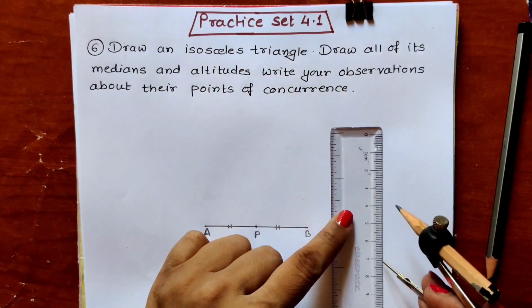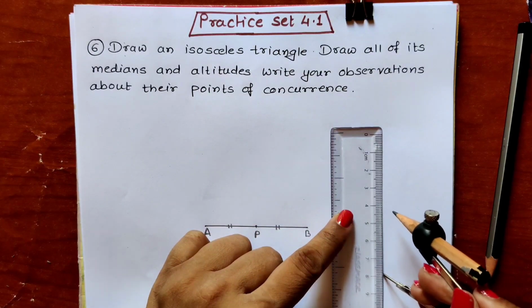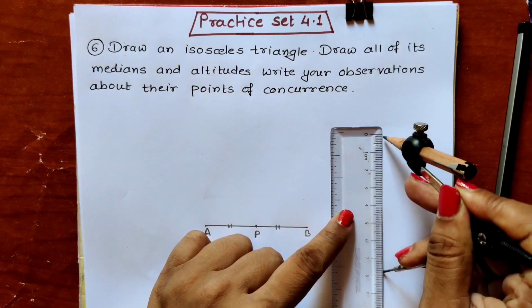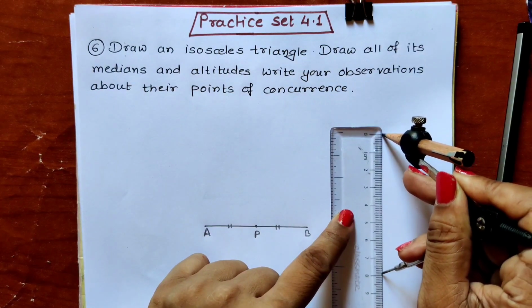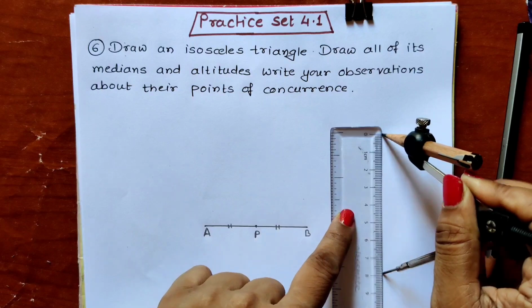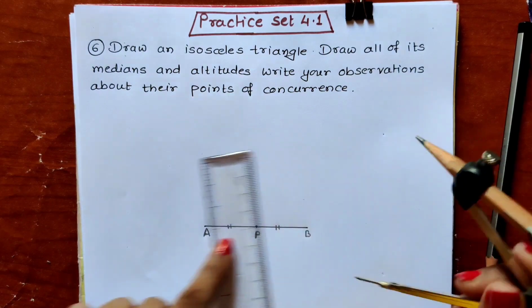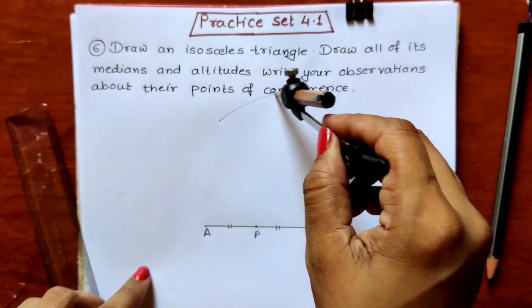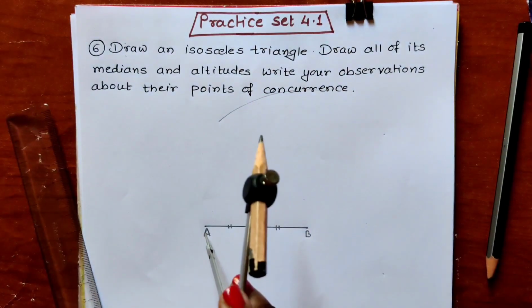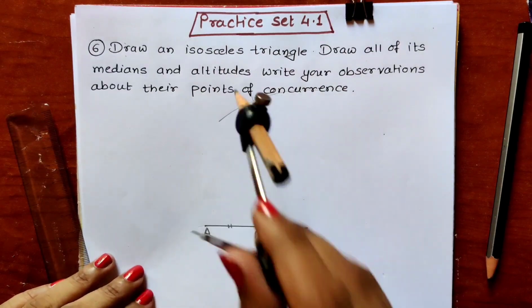I will take 7 centimeter or 8 centimeter. Okay, let me take 8 centimeter. I will be drawing arcs from point B as well as from point A.